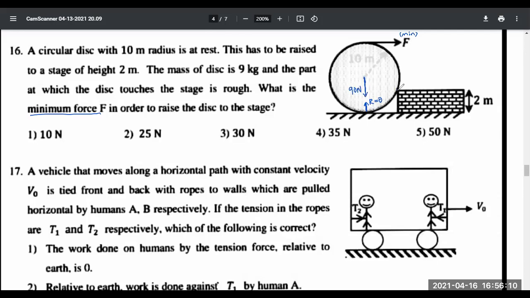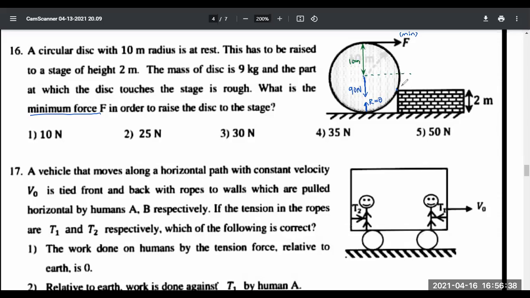And from this point now, we need to know the lengths. The radius is given to us. Radius is 10 meters. So I will mark this length as 10 because it's a radius. And what about this length then? Now I need to take moment from this point X. Careful.